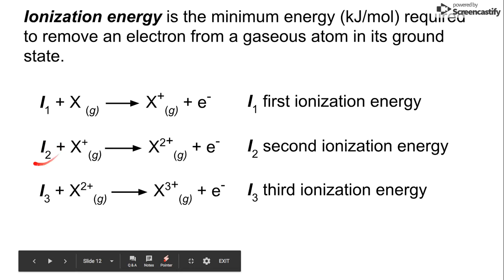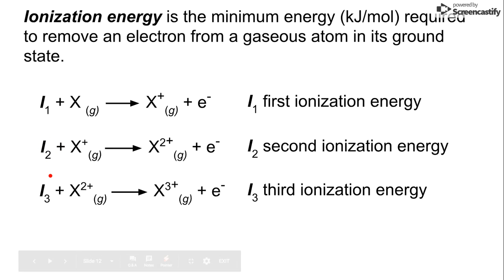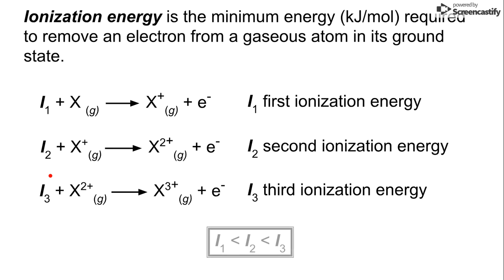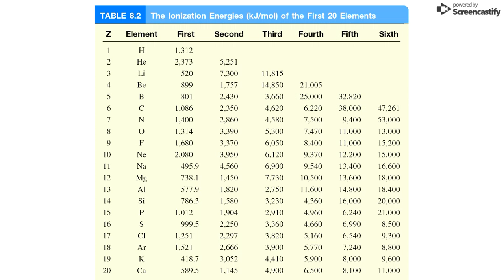Therefore, as we continue to remove electrons, it gets more and more difficult to remove the next electrons. And so in this case, the third ionization energy is going to be greater than the second ionization energy, and the second ionization energy is going to be greater than that first ionization energy. And so this table here shows us what the trend kind of looks like.